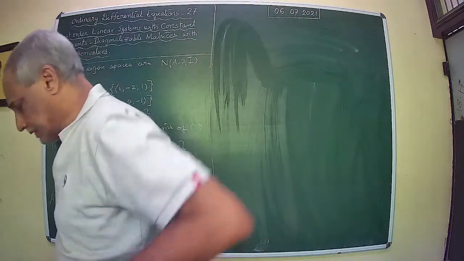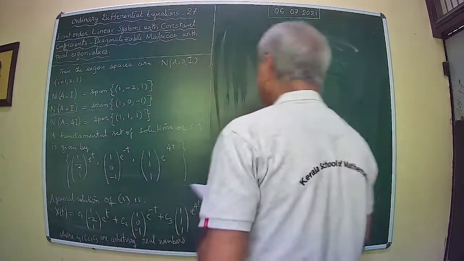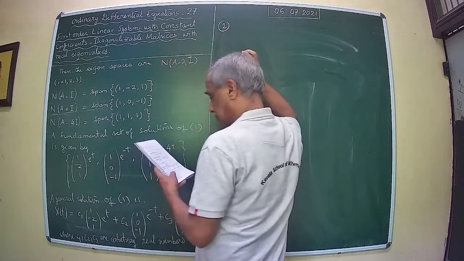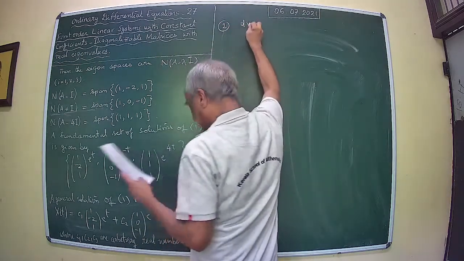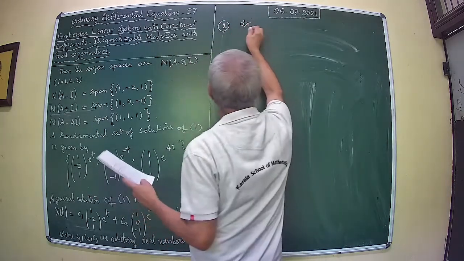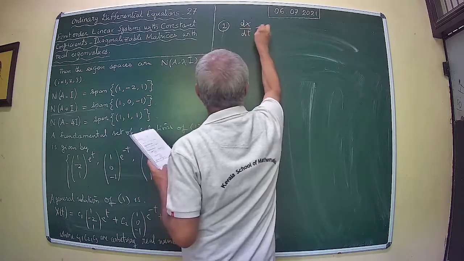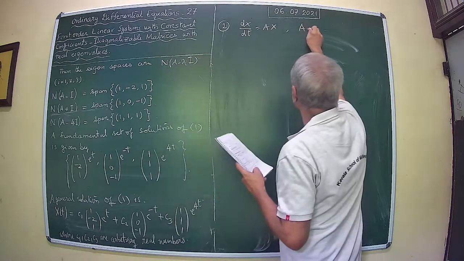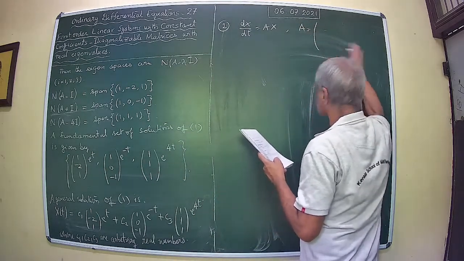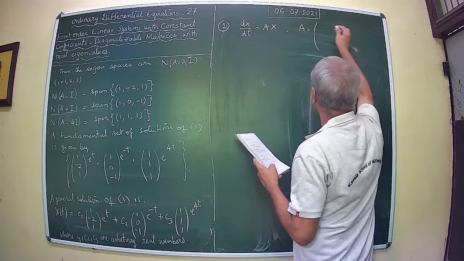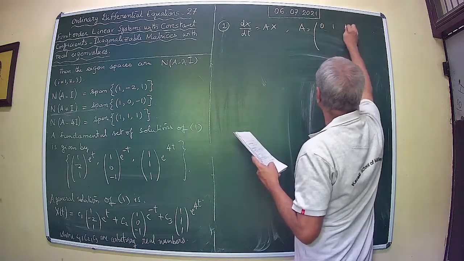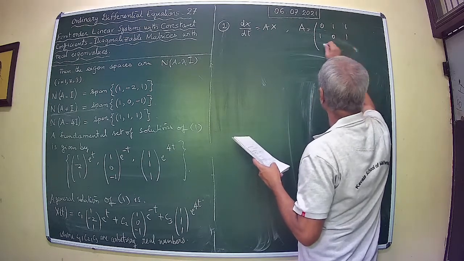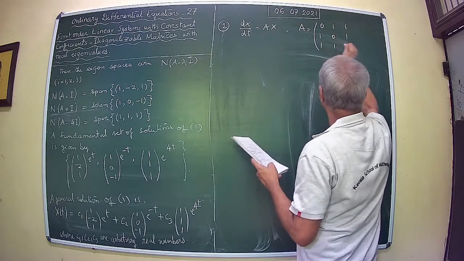Now we take up the next problem. This is a very simple problem. Take dx by dt equal to Ax, where A is given by the matrix with rows 0 1 1; 1 0 1; 1 1 0.